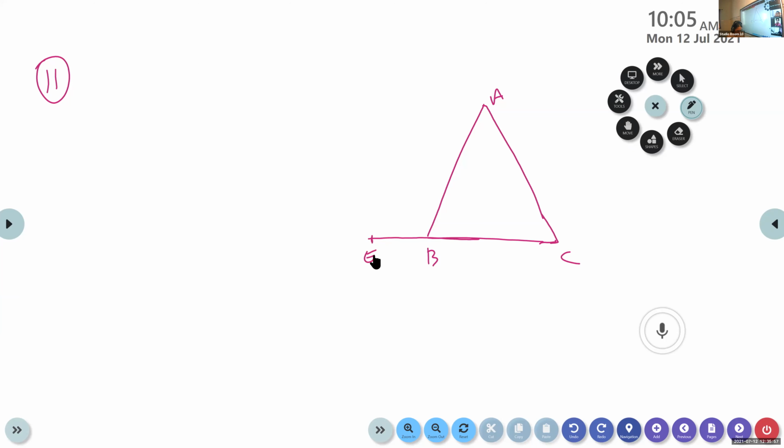It is an isosceles triangle with AB equal to AC. Since ABC is an isosceles triangle, given that AB equal to AC, and two perpendiculars, AD perpendicular to BC and EF perpendicular to AC.